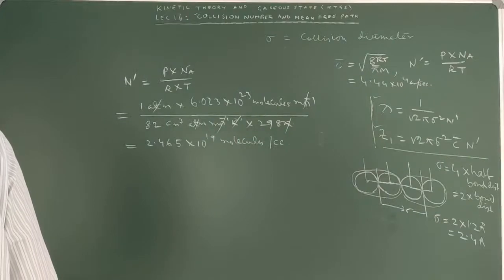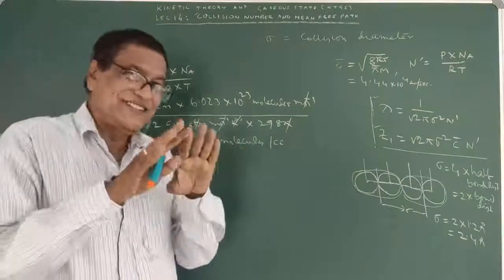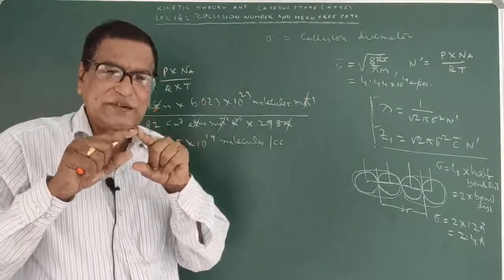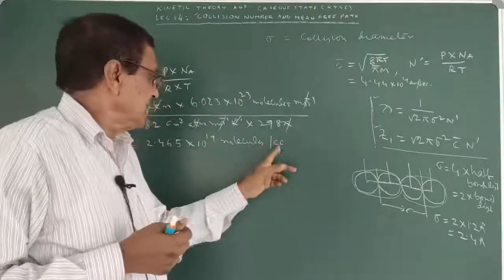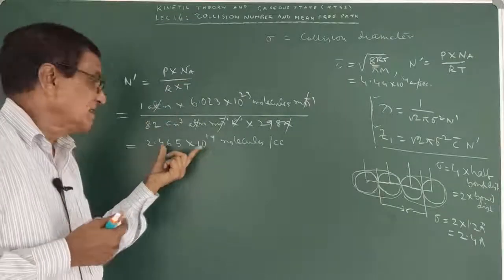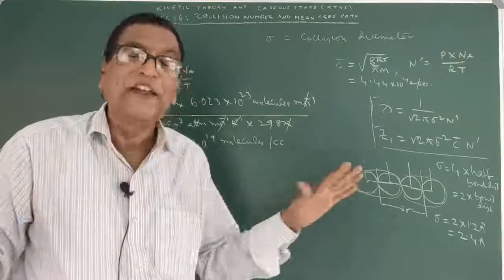Just consider 1 cc of gas: 1 centimeter length, 1 centimeter breadth, 1 centimeter height. In 1 cc of gas, this large number, almost an astronomical figure, of molecules is occupied.